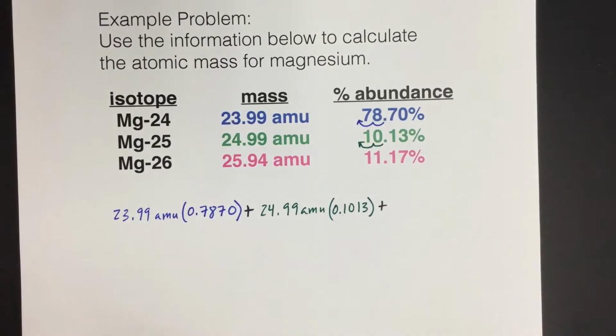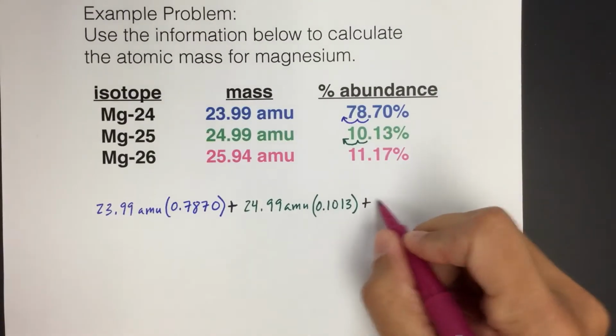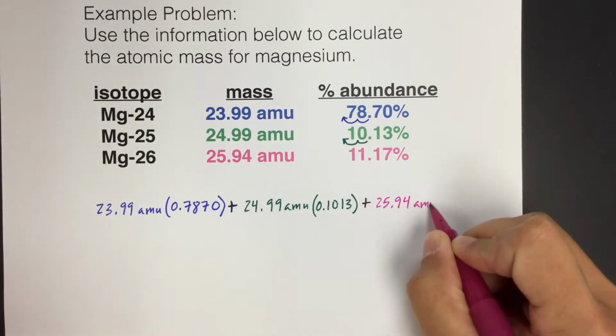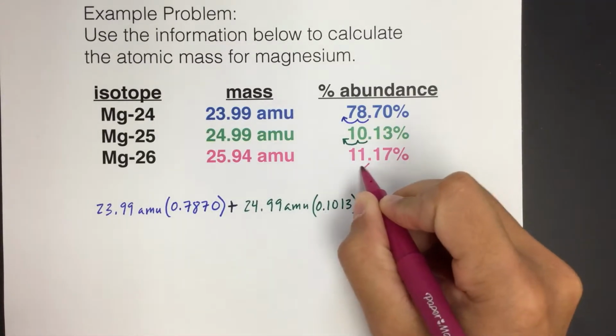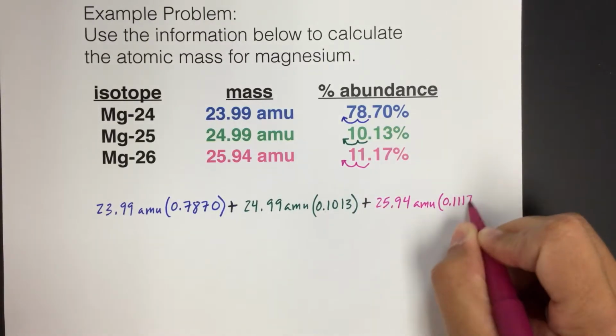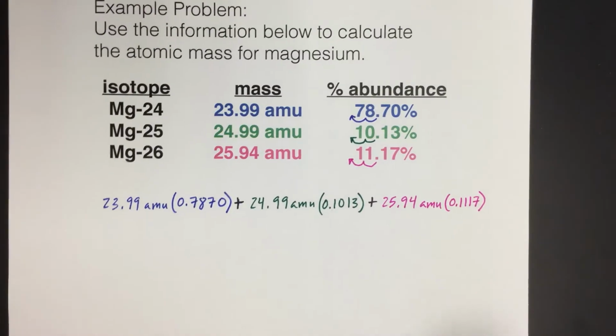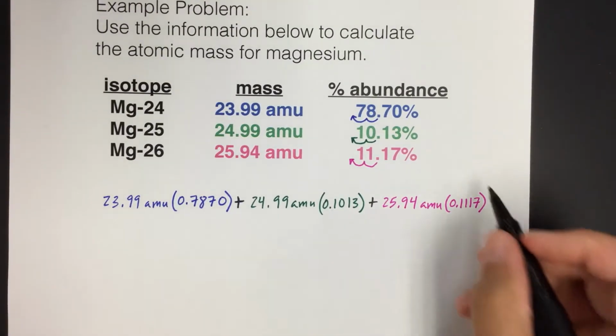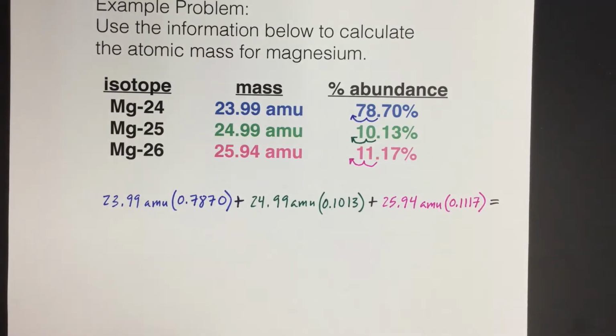And then the last isotope, magnesium 26, its mass is 25.94 AMU, and 0.1117 is its abundance.